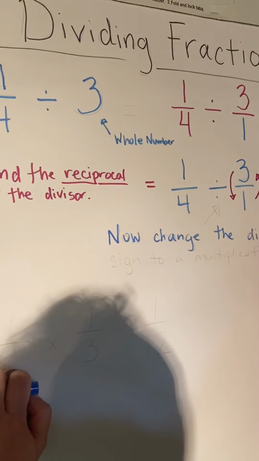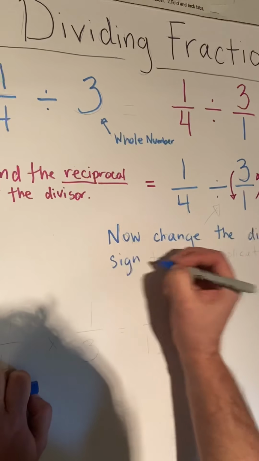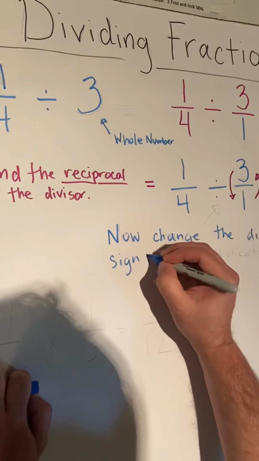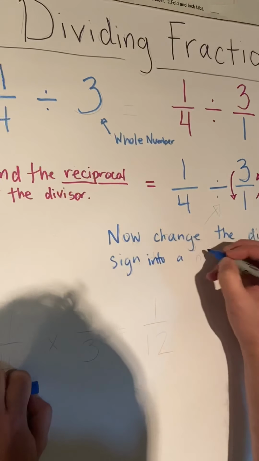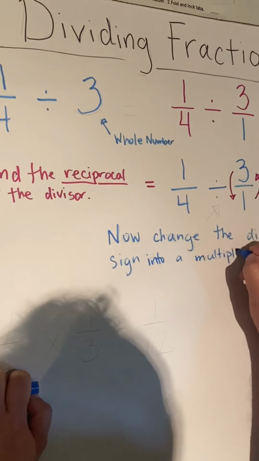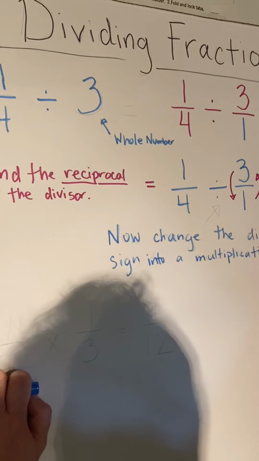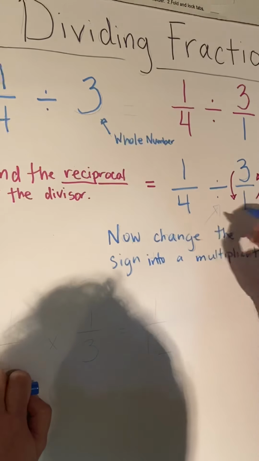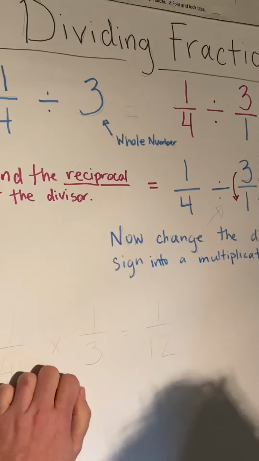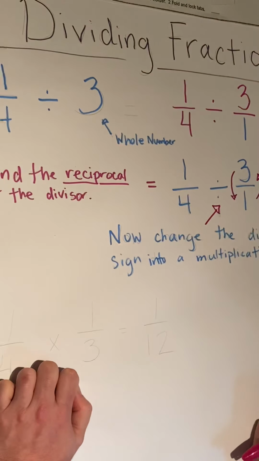We're just going to literally change that division sign into a multiplication sign. This is a long word to spell out. Multiplication sign. So right here, this guy right here, we're going to change into a multiplication sign.